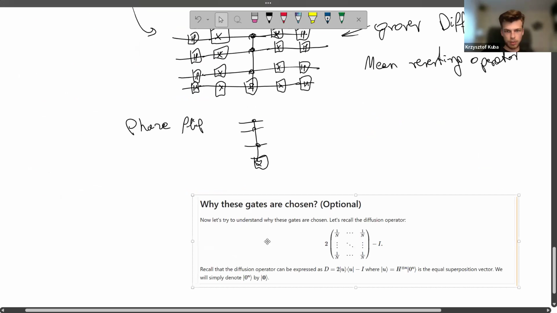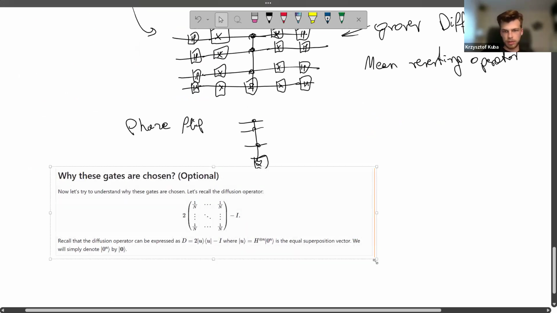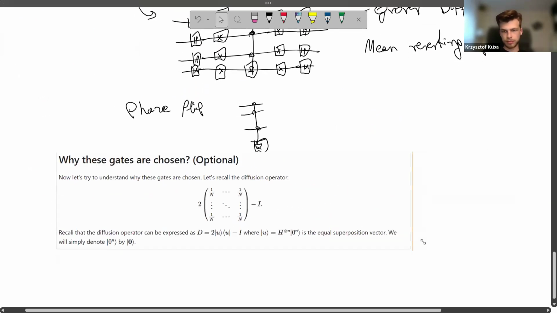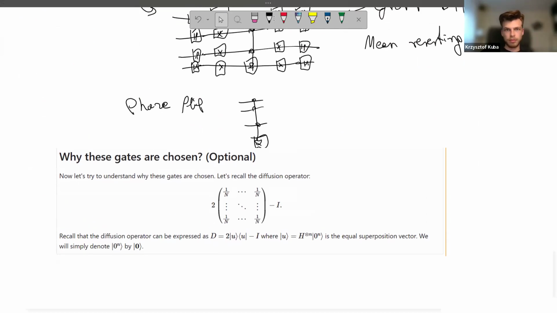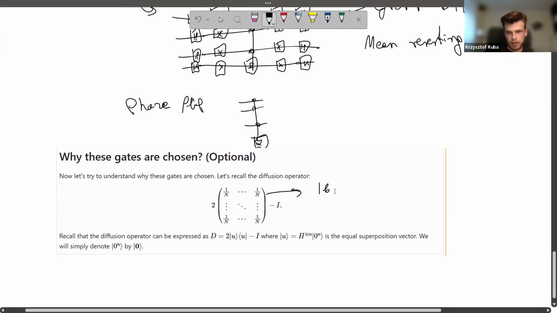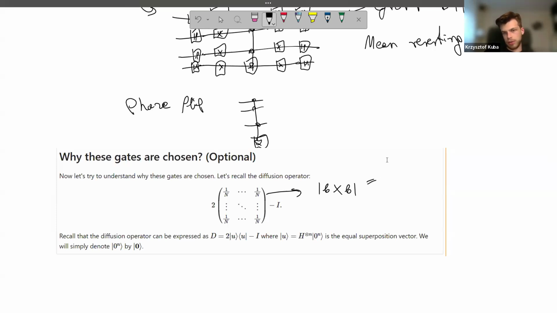So this is equivalent to this BXB, right? Because this is also equivalent to 1 over square root of n, 1, 1, 1, 1, 1, and also 1 here, also 1 over square root of n.